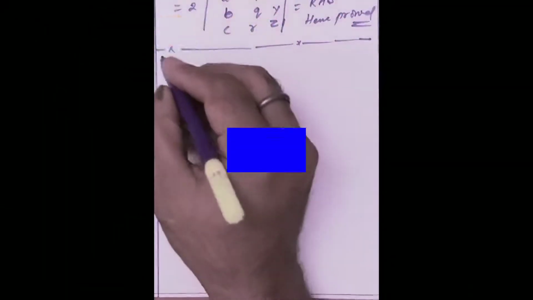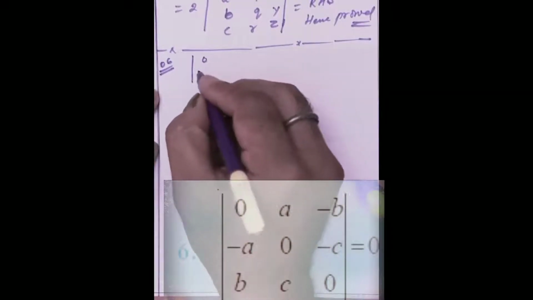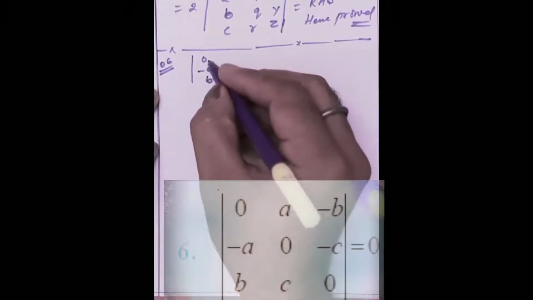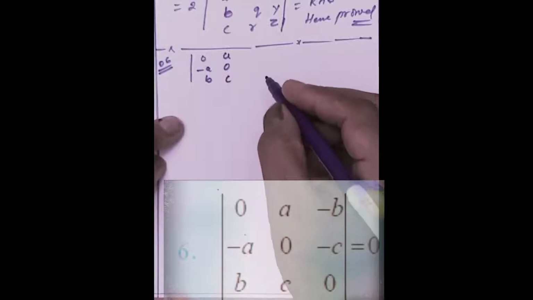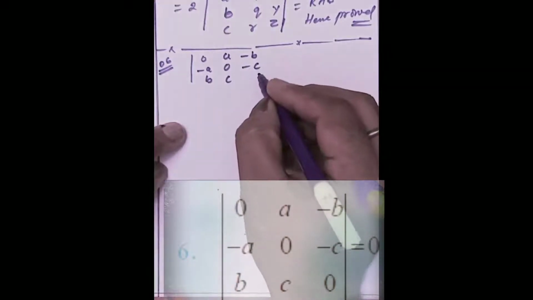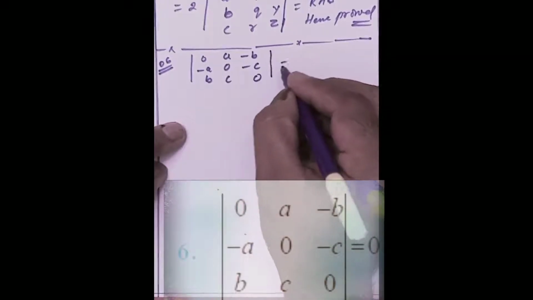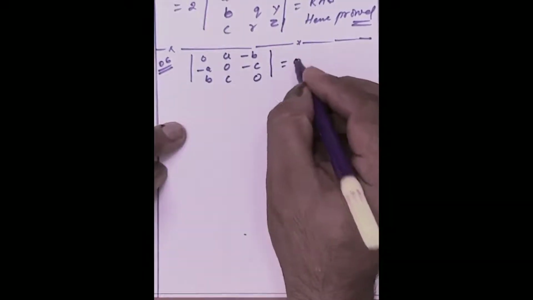Now the question number 6. Question number 6 says, the determinant with rows 0, minus a, b; a, 0, c; minus b, minus c, 0 is equal to 0, we have to prove.